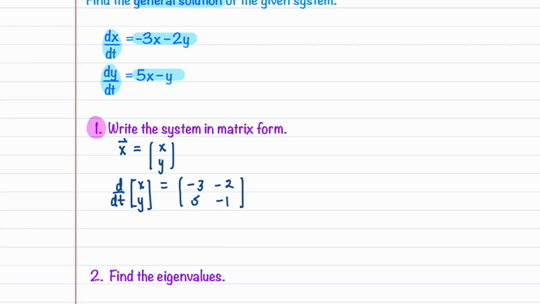That's our matrix made up of the coefficients, if we look back up here, from our system of equations. And then we multiply this by x, y. We can then write this as the derivative of vector x with respect to time is equal to a matrix A times x, where we're going to define matrix A to be [-3 -2; 5 -1].